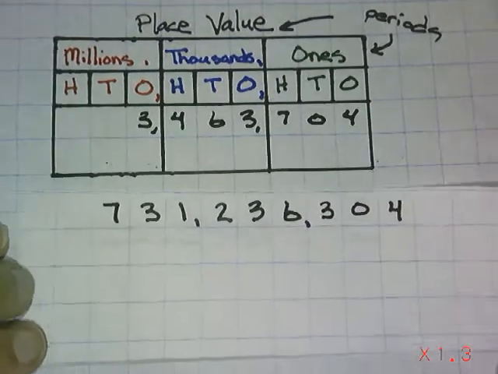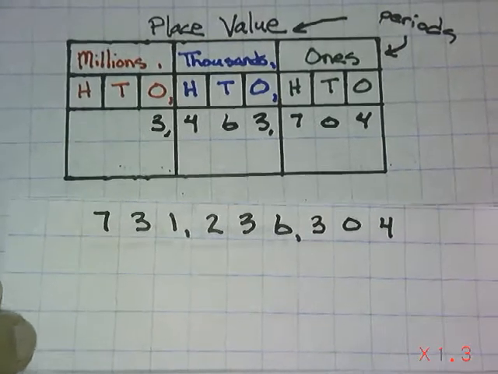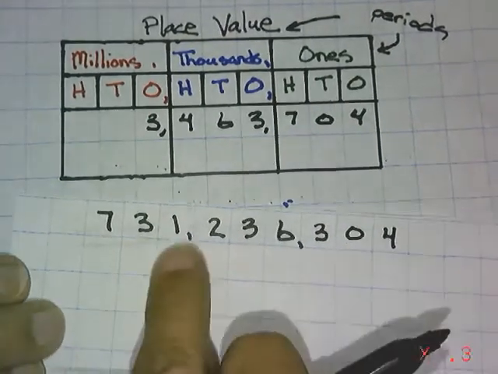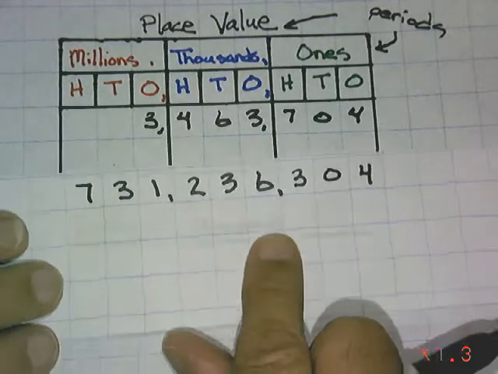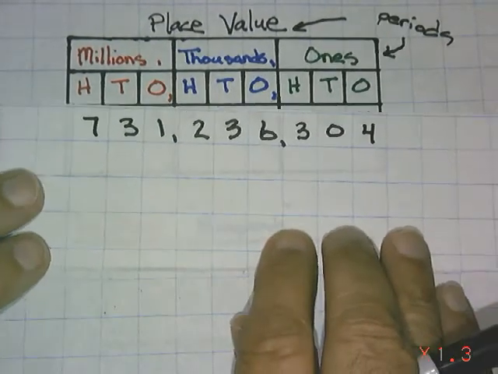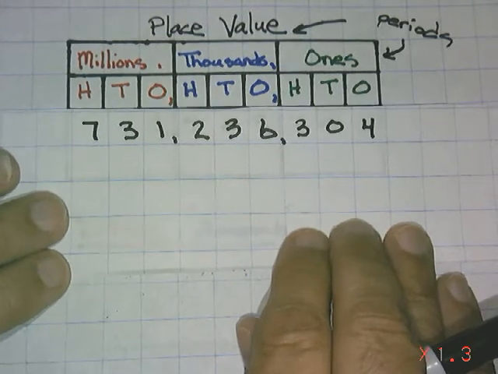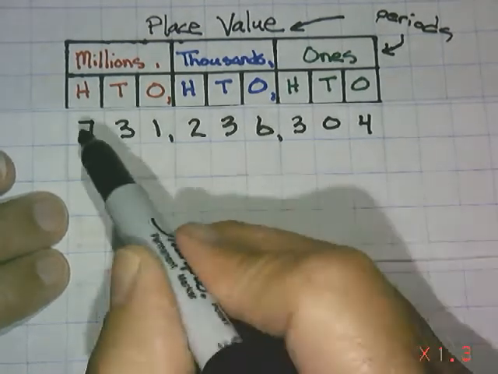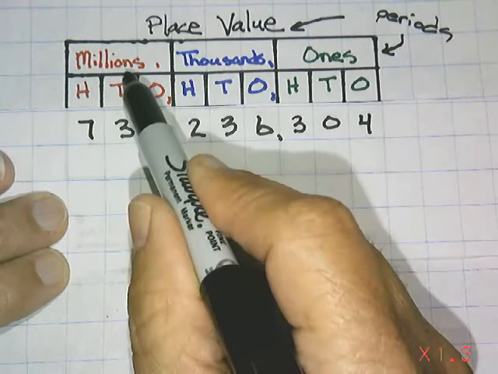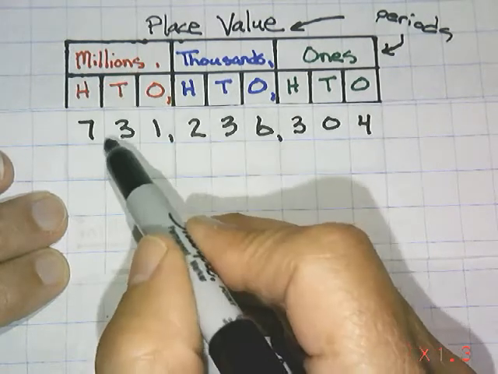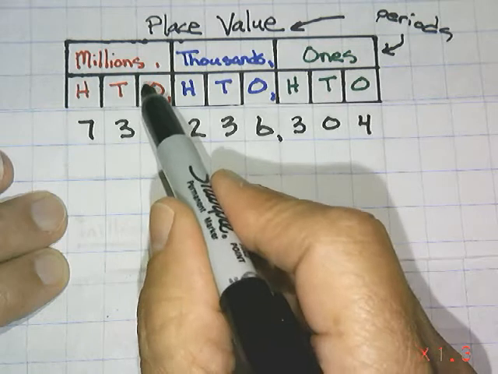And so this will be the last example for going from standard form. This is a 9-digit standard form into word form. And if I slide this up here, you see that we are fully engaged. 731 million, right? Because 731 are the numbers in the millions period.